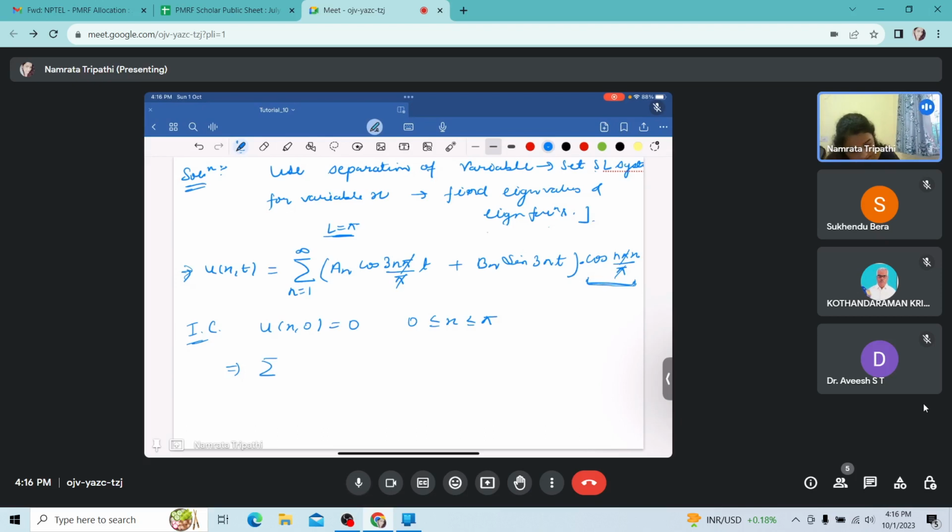After applying this initial condition, you will get an cos of nx equals 0, which implies an is 0 for all n.